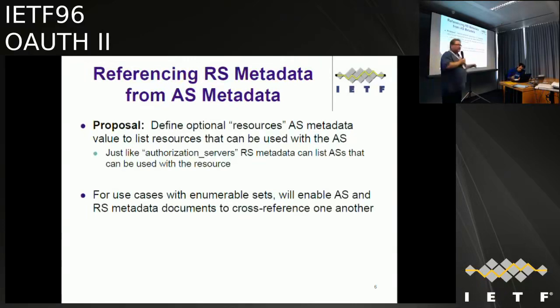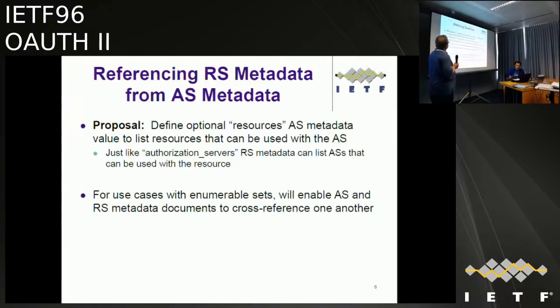I will add a meta comment that's not in the slides, that in a lot of the use cases the set of authorization servers is not enumerable because it can grow over time. Instead, you do the validation of the authorization server by signature schemes, such as signed metadata signed by InCommon or your favorite federation operator.